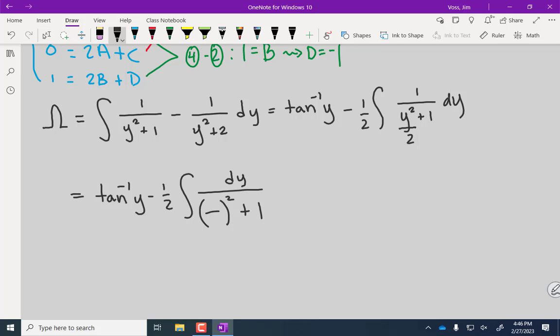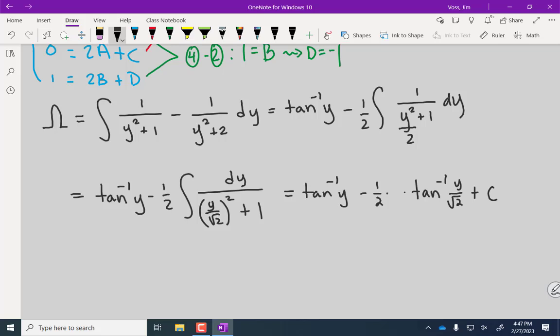So then our final answer: one half, leave a gap for reverse chain rule, inverse tangent of y divided by square root of 2, plus C. So what goes in the reverse chain rule slot?